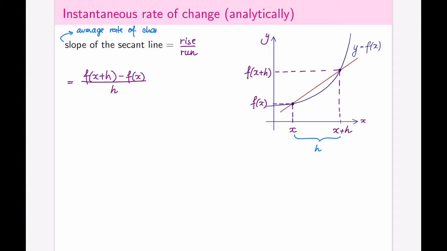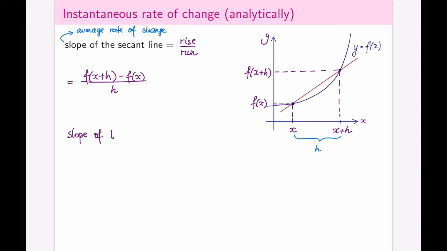So this is important to remember here, because what we want to do next is somehow use this idea and the idea that we've discussed before about moving these 2 points closer and closer together, which is analogous to shrinking this h. So I'm moving these 2 points closer together. I would like h to be as small as possible in order to obtain the slope of the tangent line.